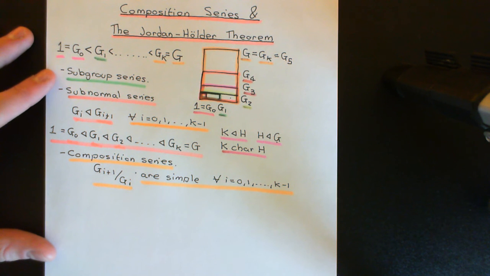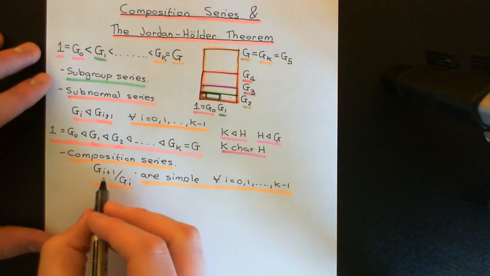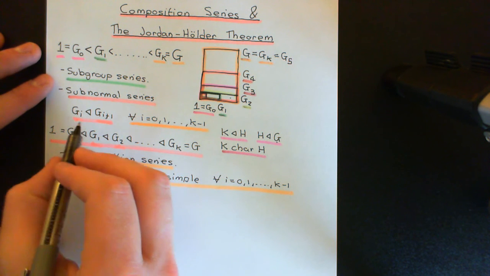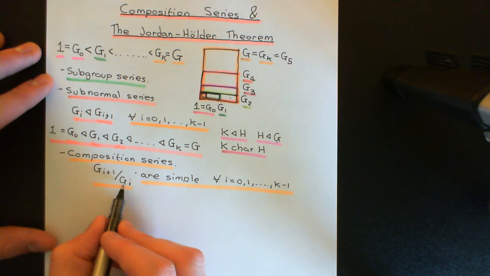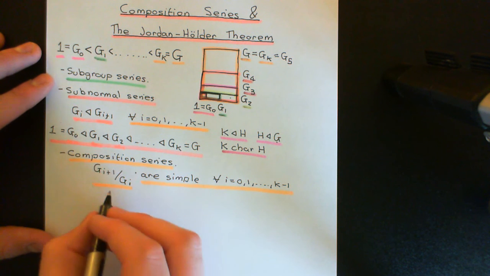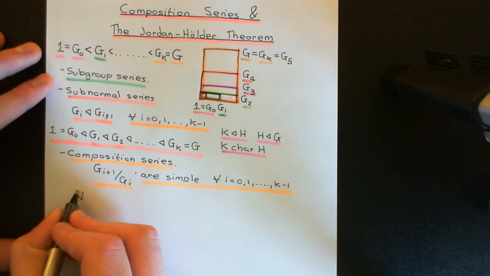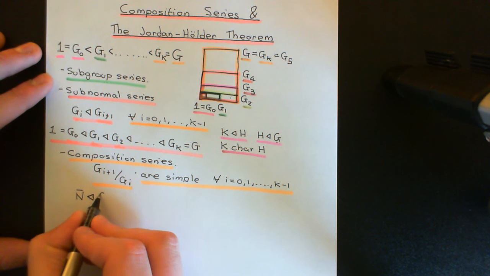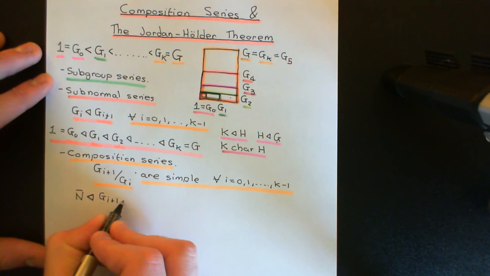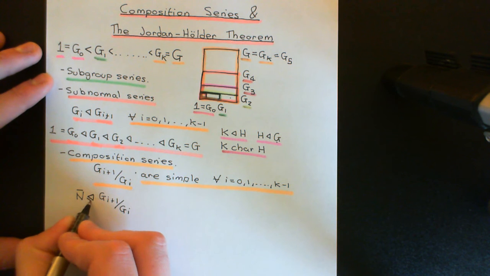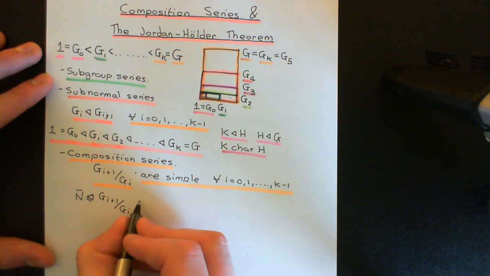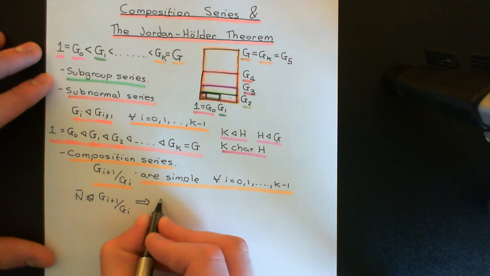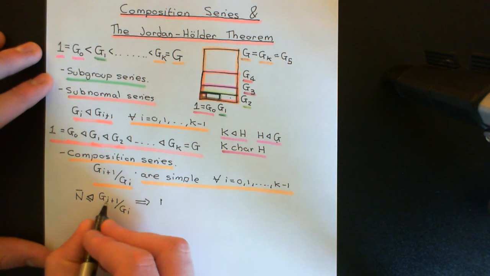Well, now what we can do is apply the correspondence theorem. Remember, the correspondence theorem tells us that any normal subgroup in here will have a corresponding normal subgroup between G_i and G_{i+1}. So if I had N bar, let's say, which was a normal subgroup inside of G_{i+1} over G_i, what corresponds to it is a subgroup N, which is in between these two.